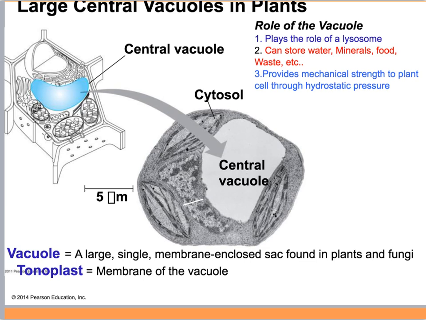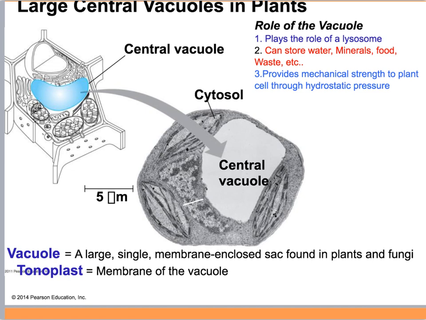All right, another organelle we'll talk about is that large central vacuole that we see in plants. Again, we don't see this large central vacuole in animal cells, but we do see it in plant cells. The vacuole can have a lot of different roles too. It can play the role of a lysosome, so there can be digestive enzymes in it. It can also store water to maintain the proper rigidity of the plant cell. It can store, in addition to water, minerals, food.